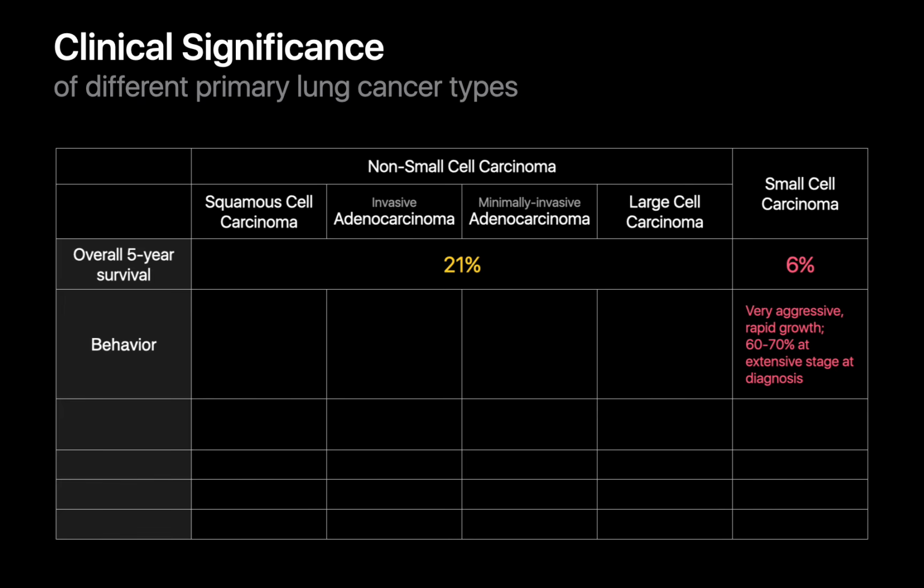Overall 5-year survival of non-small cell lung cancer is 21%, but survival rates vary widely depending on which kind of non-small cell lung cancer a patient has.